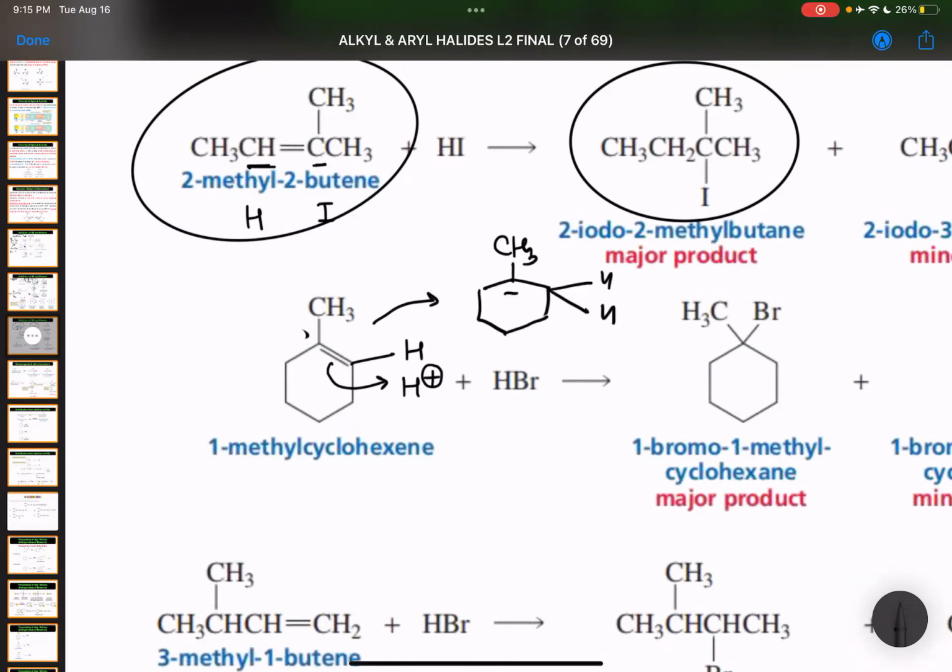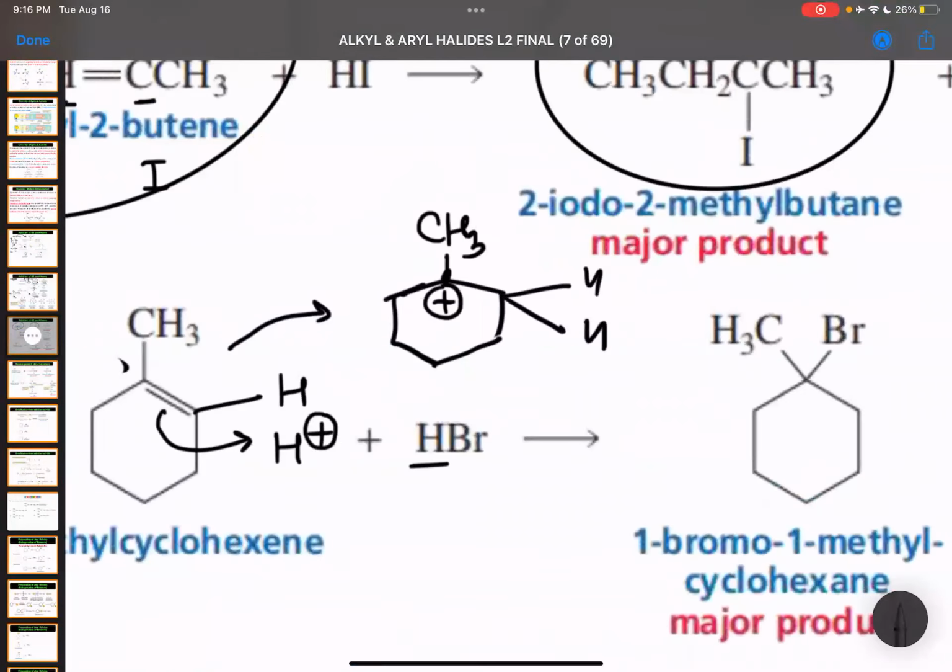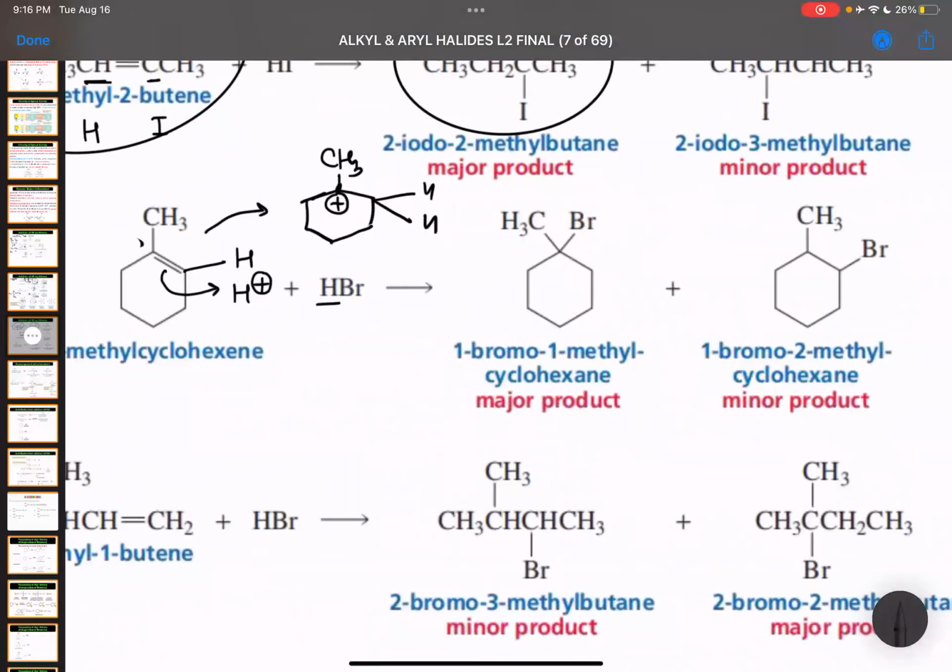One H was already there. Another H from HBr came and joined to the double bond, pulling the pi bond outside. Then you have a carbocation on the more branched carbon atom. That's what we want, because a carbocation on the more branched carbon atom is going to be more stable. So this is Markovnikov addition, and Br you are going to join here. So this is the major product.